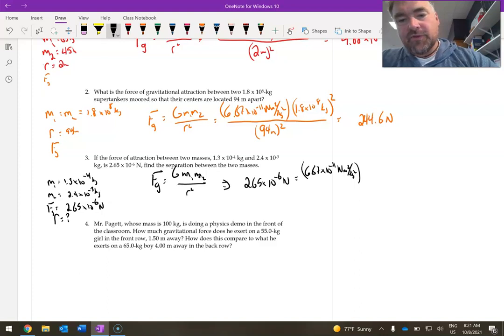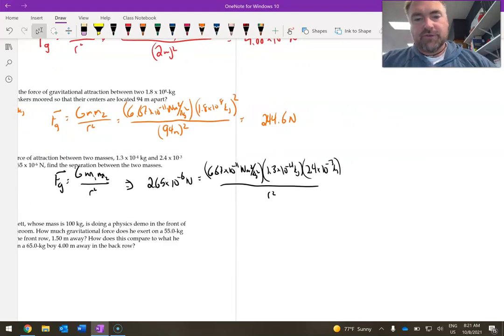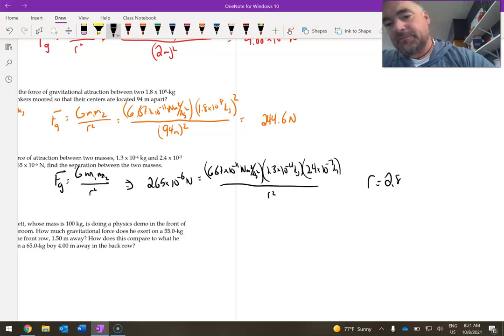We're going to multiply that by the first mass of 1.3 times 10 to the negative 4th kilograms, and the second mass, 2.4 times 10 to the negative 3rd kilograms, all over R squared. And so we're going to cross multiply, and you're going to end up with R squared equal to all of this on the top divided by that force of gravity, and then you've got to take the square root. So your R comes out to be 2.8 times 10 to the negative 6th meters.